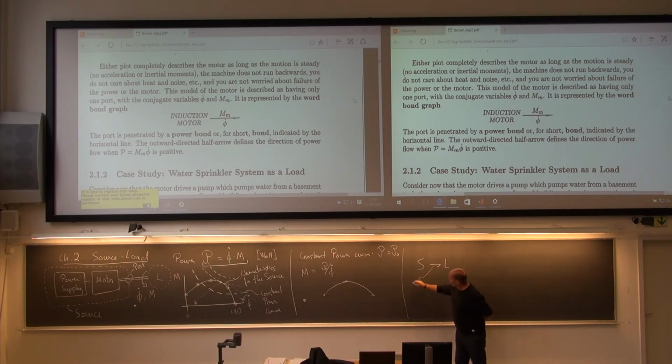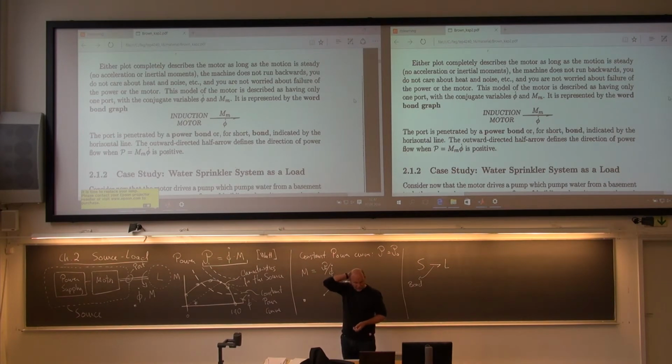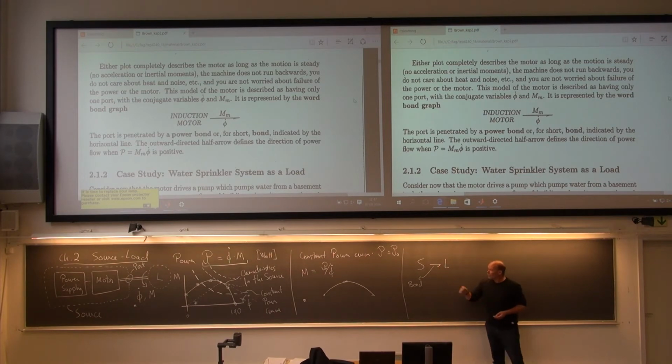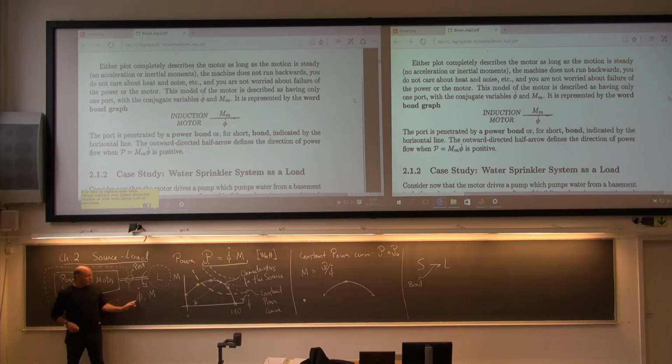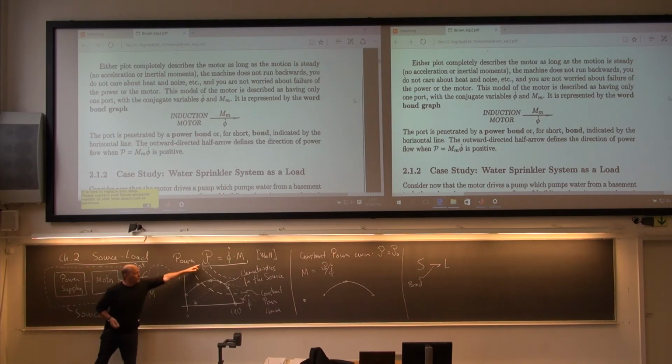So this one is called a bond, a power bond if you like. And we always use a half arrow. And the reason that we use a half arrow is that the two quantities that go through this bond always operate in pairs to provide or to give power.